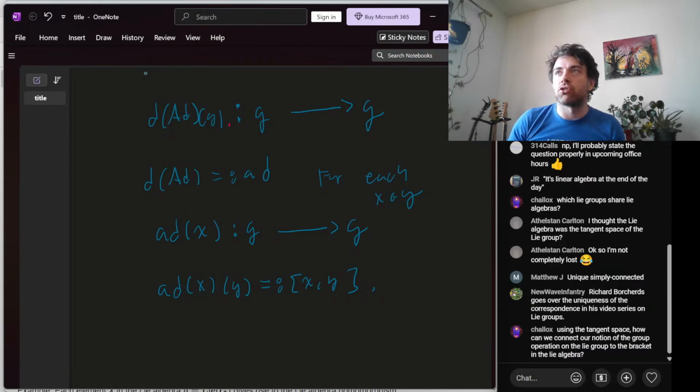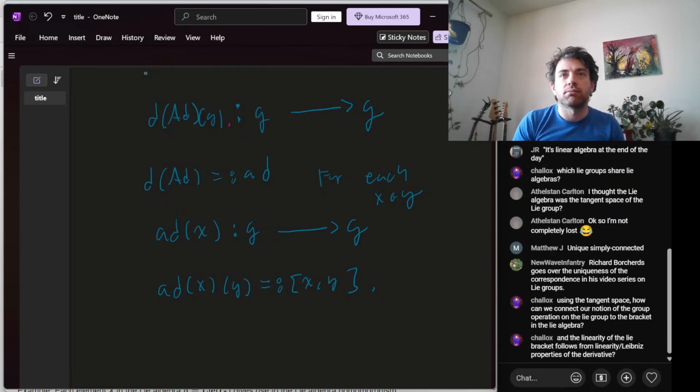So you can see that as motivation, because you might look at the definition of Lie algebras and the Lie bracket and think, okay, but why do we study the Lie bracket? Who cares? This is why. It comes from differentiating conjugation.